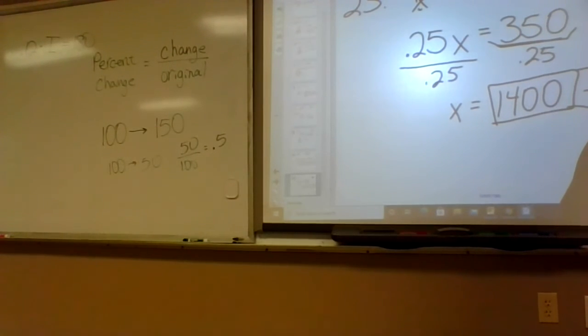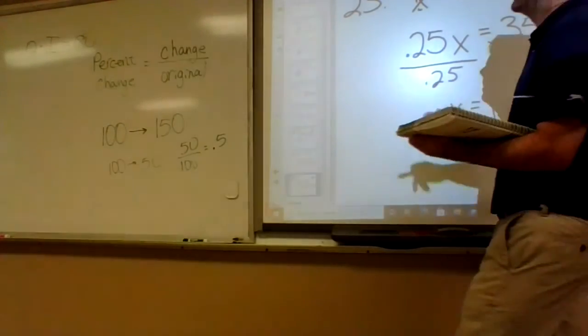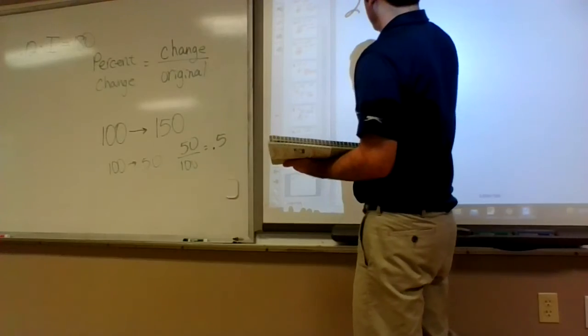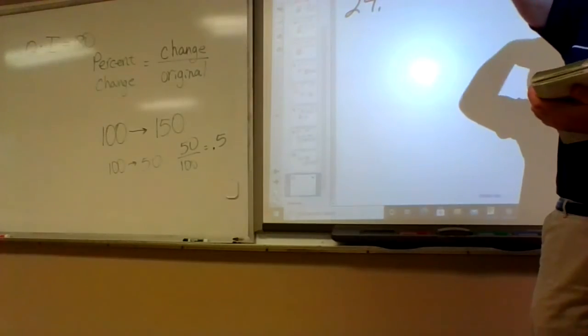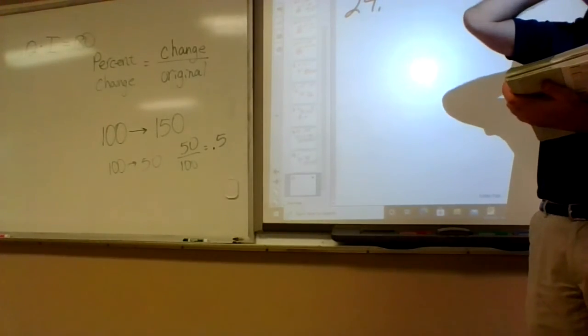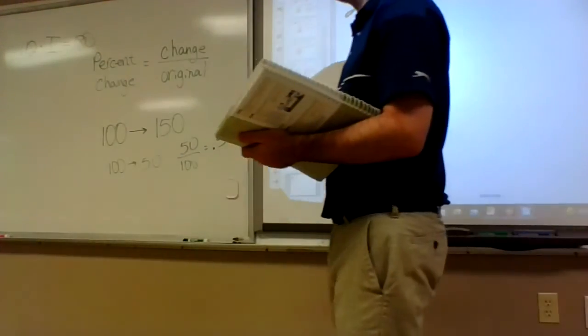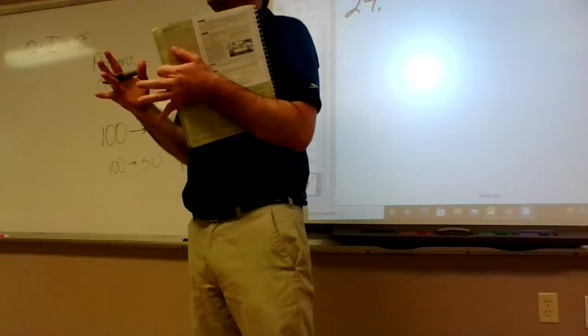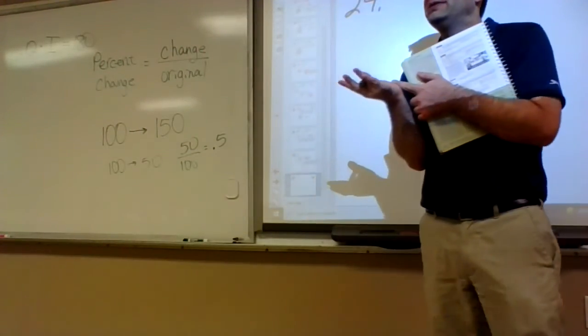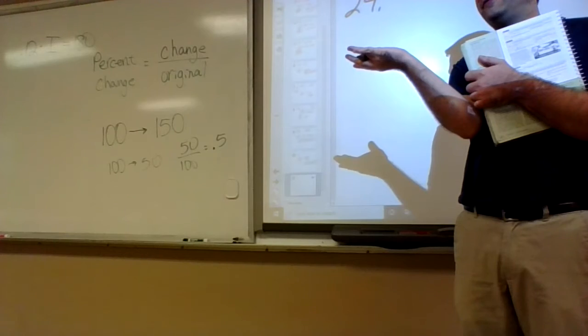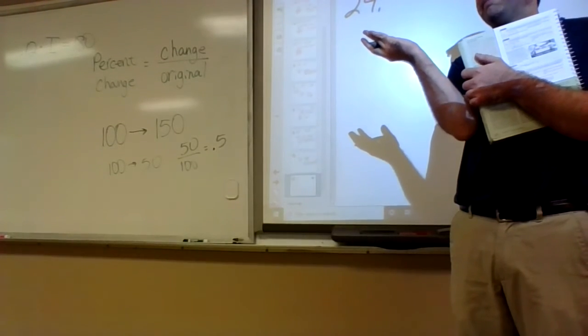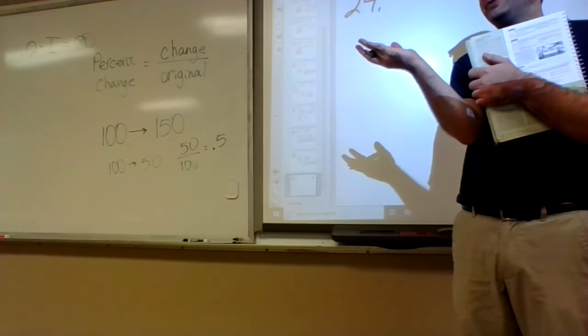I am going to help you set up 24, but the first step is the hard step. The second part is not that hard. But let's talk about setting up 24. On 24 it says we're supposed to increase some number by 150% and get 48. So if I'm increasing a number by 150%, then what percent should I be up to?